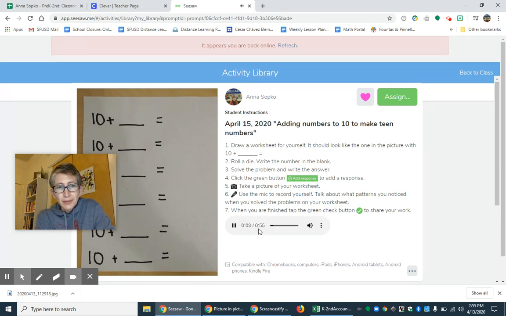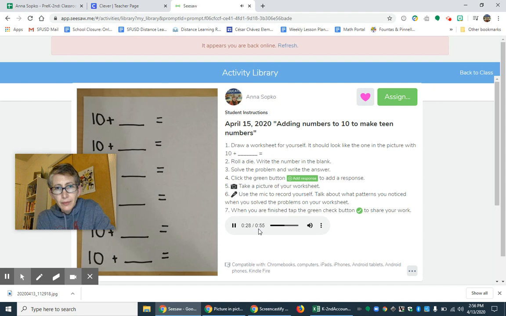Today you are going to make your own worksheet to practice your math. First, draw a worksheet for yourself. It should look like the one in the picture with 10 plus blank equals. Second, roll a die. Write the number in the blank. Third, solve the problem and write the answer.